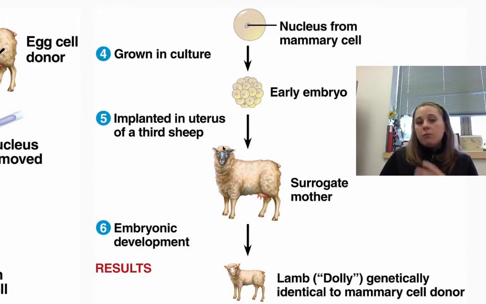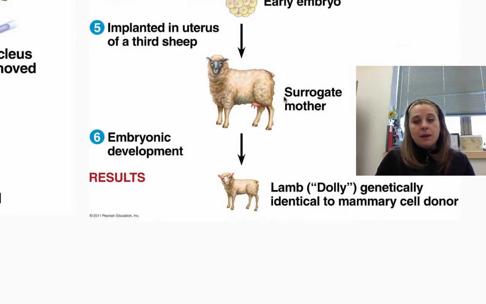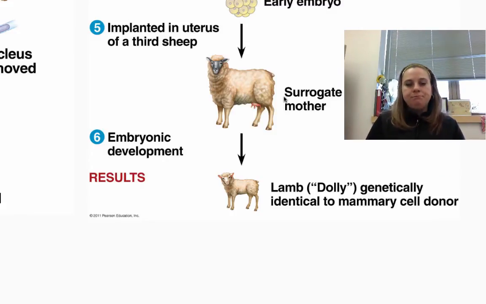As soon as you have that early embryo, you implant it into a surrogate mother, so the donor wasn't the mom. A horse has done that, where the horse gave birth to its clone. That's weird. And you let it grow, and then you get a baby lamb. And that baby lamb Dolly was genetically identical to the donor who had given the mammary cell. So, first successfully cloned mammal.